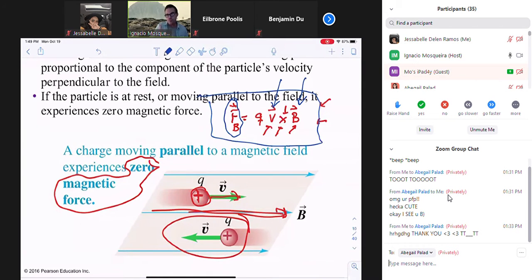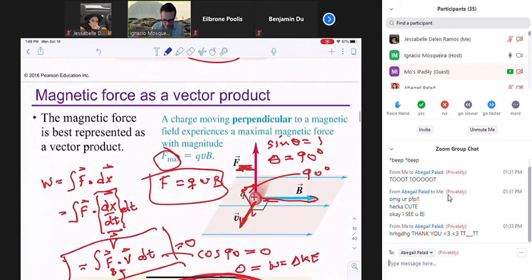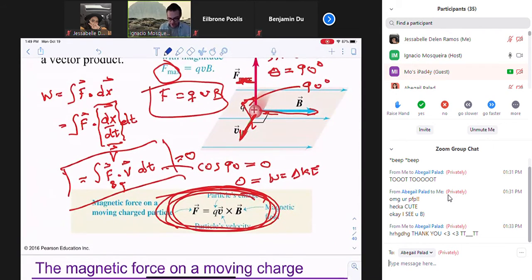That's the right-hand rule, implicit in it. You take velocity, you take the B field, and the thumb, which is perpendicular to both, is the force. So the force is perpendicular to my velocity vector, and also perpendicular to the B field, by definition, based on the formula. Well, there is a dot product in there. If I take the force, which is perpendicular to the velocity, and dot it into the velocity, since one is perpendicular to the other, that must be zero.